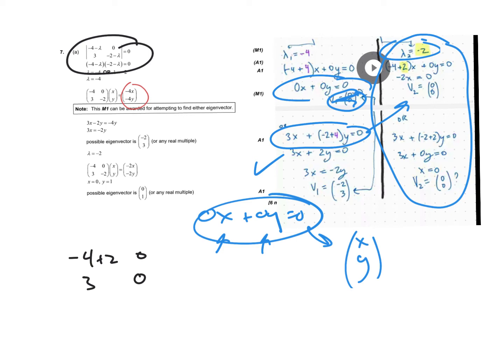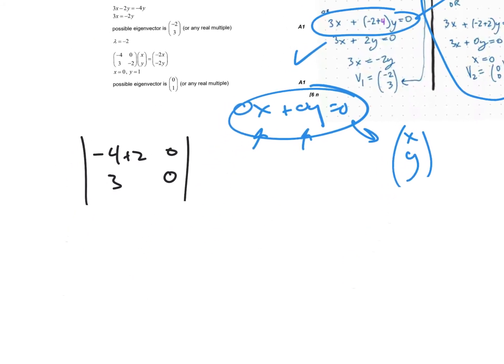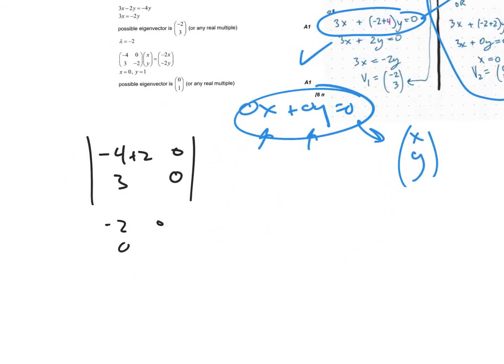Oh, right, okay, sorry. So then I know if I go through here, I get -2, 0, 0, 3, 0. And if I multiply by xy, I get 0.